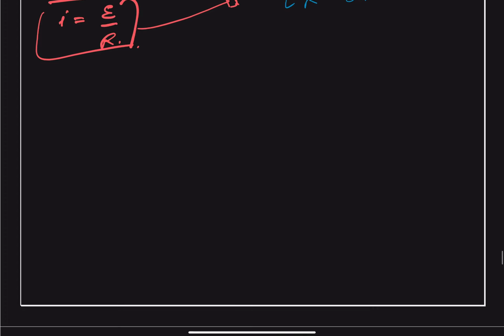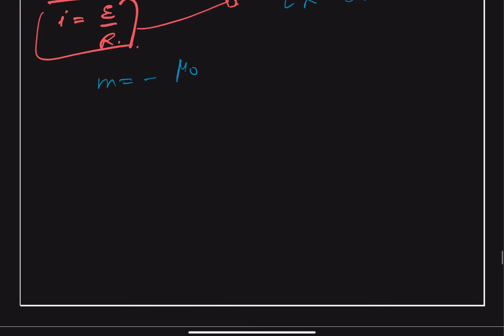We get our magnetic moment m is equal to minus mu naught pi square r to the power 4 divided by R, di upon dt. And we are given that the current I is equal to I naught cos of 300 t.